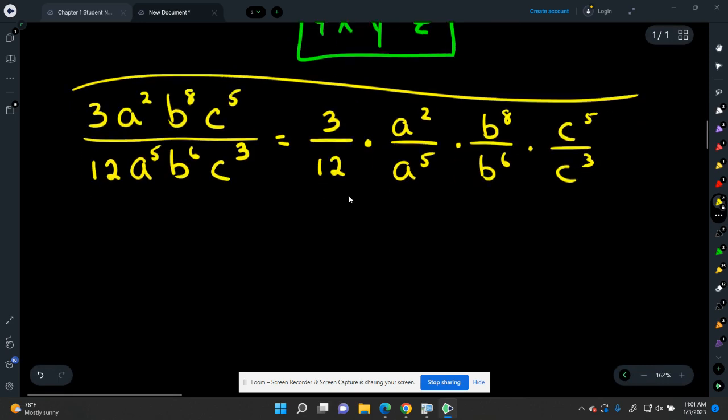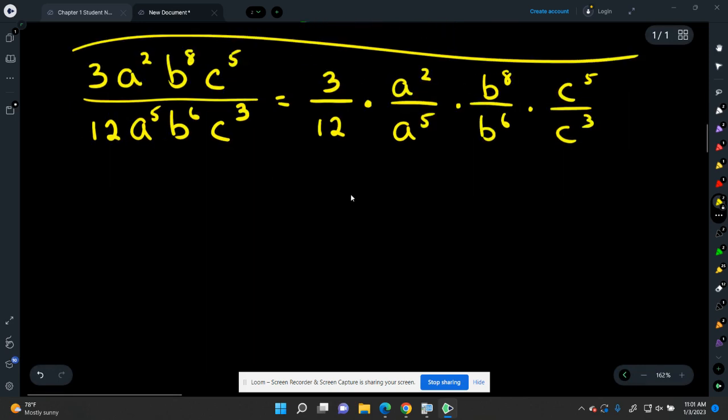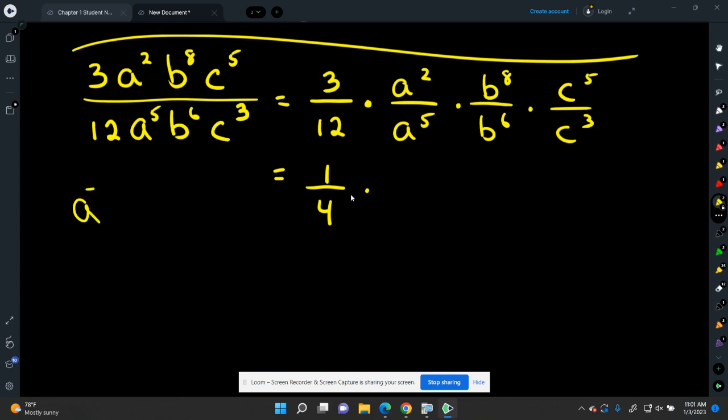What's 3 over 12? 1/4, right? 1 over 4. Now we subtract our exponents. This is a to the negative, what is it? 3. 2 minus 5 is negative 3.